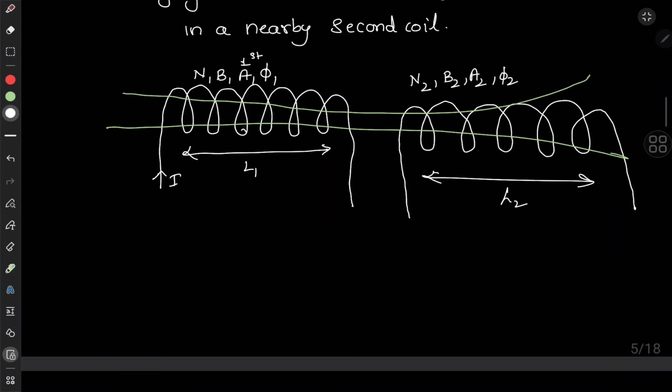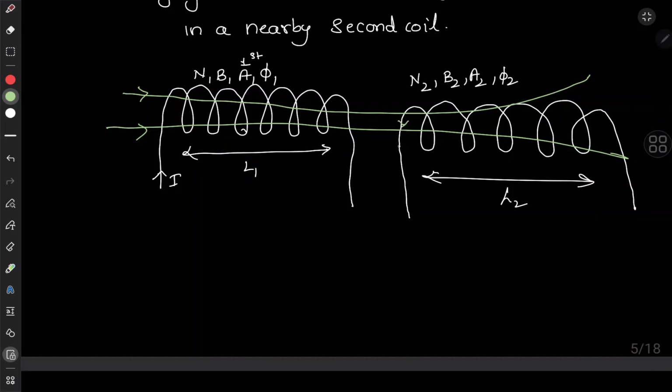Now what will happen? Mutual inductance means the magnetic field produced by the first coil will link with the second coil. When a changing magnetic field links with the second coil, an EMF will be induced in the second coil.